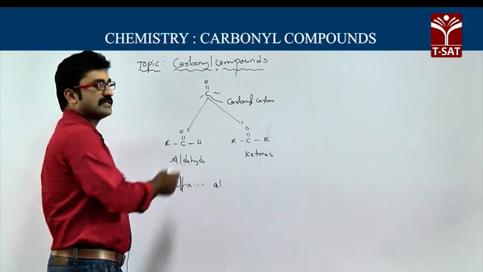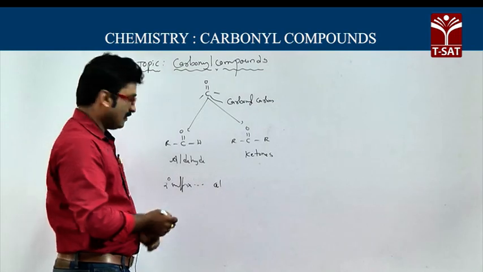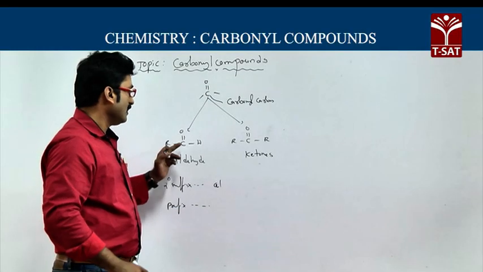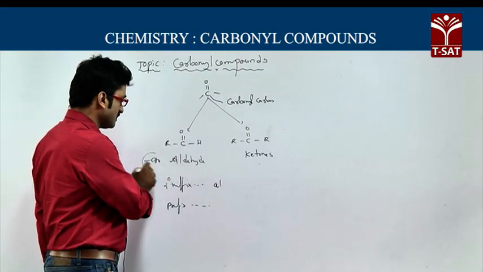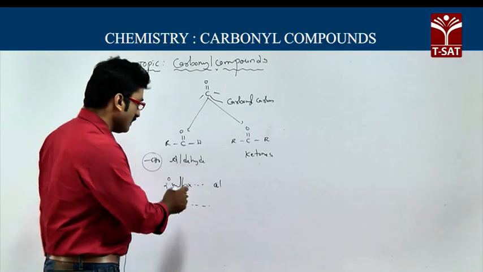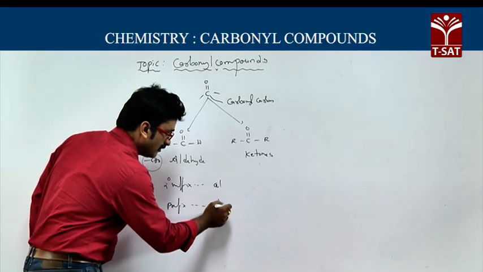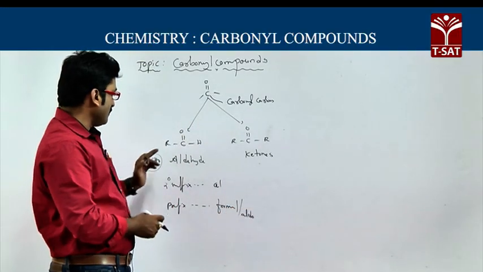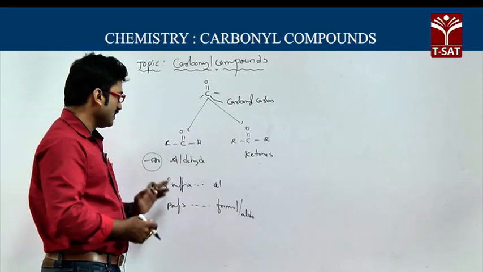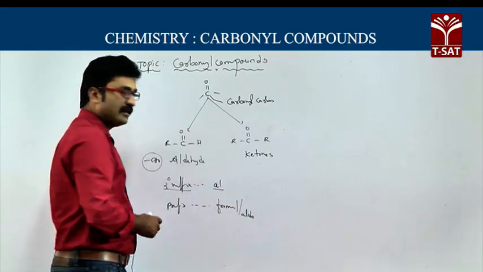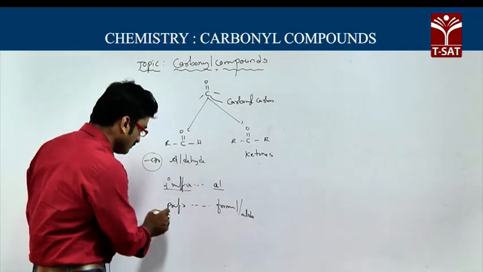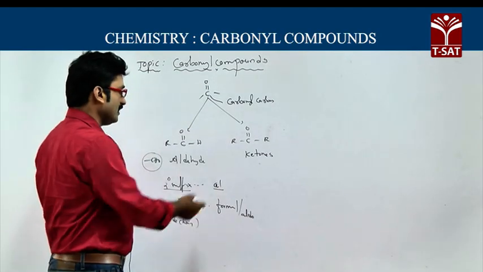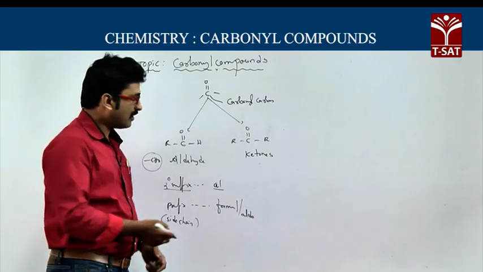And if it is considered as the side chain, then the prefix, if the CHO group is considered as a side chain, then the name will be formyl, or you can say aldo. So if the CHO group is considered as the principal functional group, then the secondary suffix will be al, and if it is considered as a side chain or substituent, then we have to write formyl or aldo.